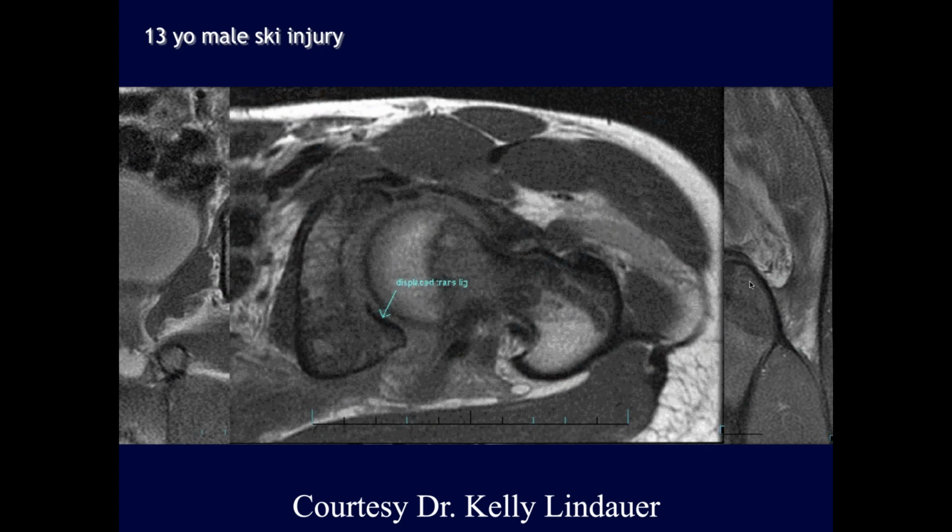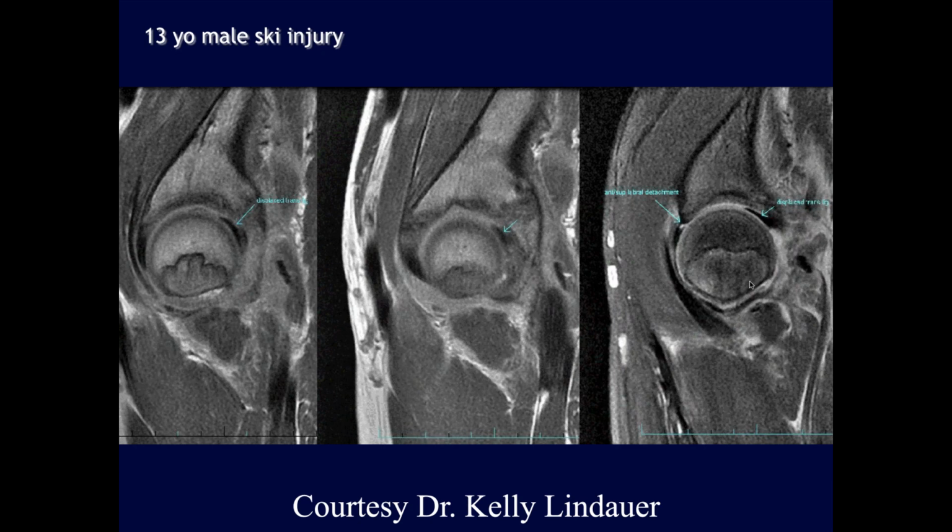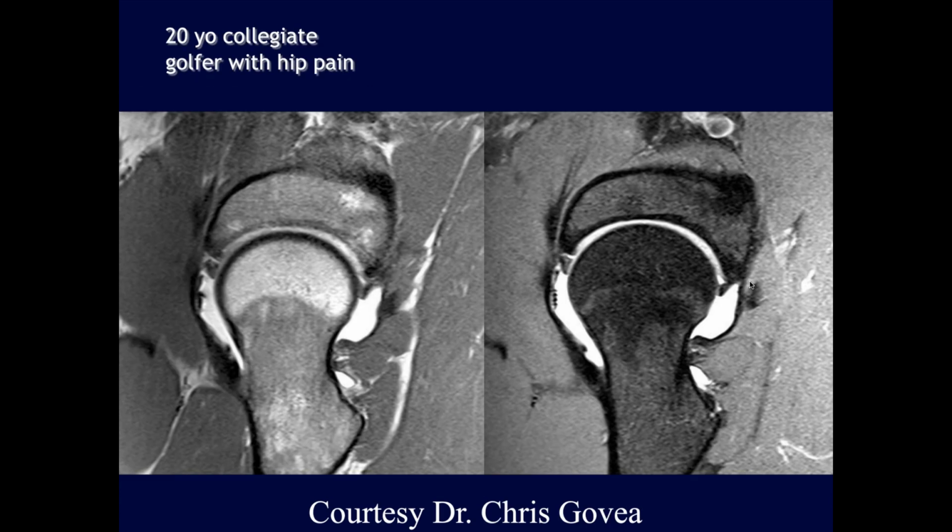If you can't get a really good relocation, then you have to worry that there's some structure interposed in the joint space that has to be corrected to properly restore the anatomy. So MR scan can be helpful at determining what that is.